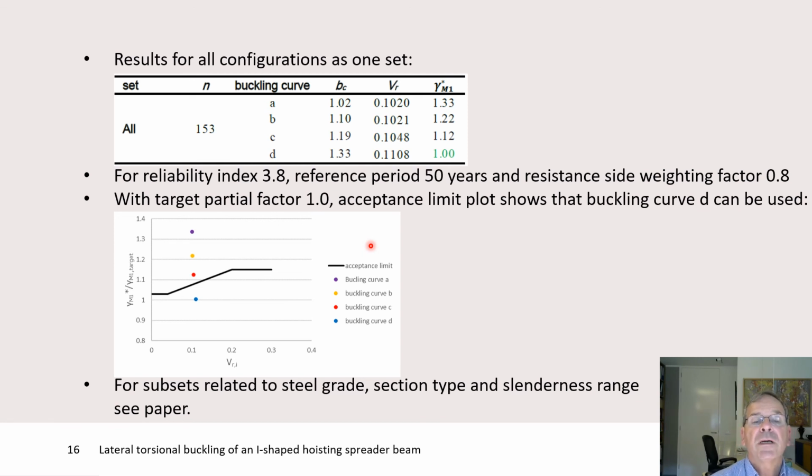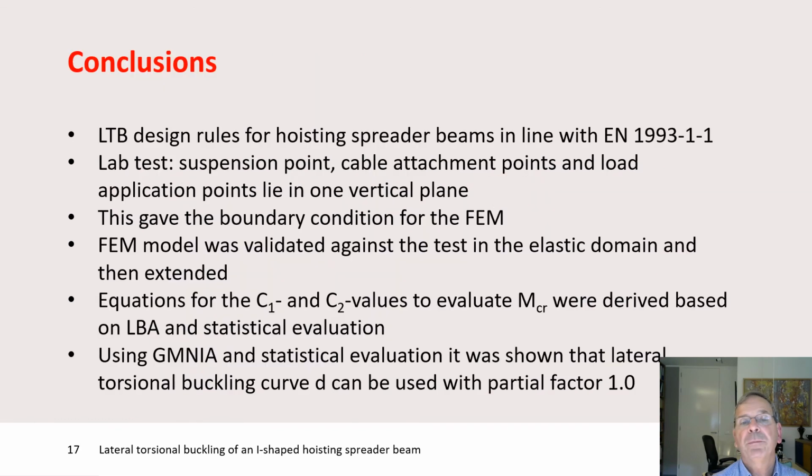With a target partial factor of 1.0, we can use the acceptance limit plot. This shows that buckling curve D can be used. So only for buckling curve D, we find a result below the acceptance limit, which is here represented by the solid line. We did similar analyses for subsets related to the steel grade, section type, slenderness range. For that, I refer to the paper.